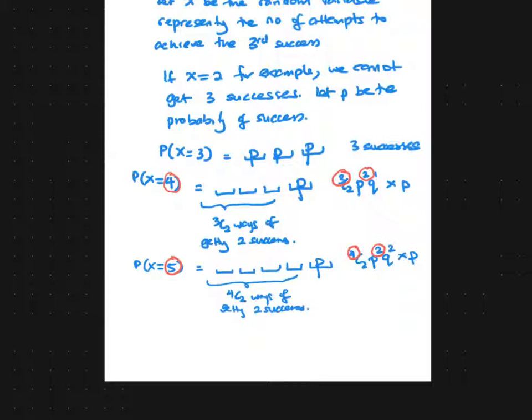And the powers of p and q sum up to n. So for the case of x equals 4, we have 2 plus 1 equals 3, and for x equals 5, 2 plus 2 equals 4. Therefore, if we want P(x = 6), this should be 5C2 p squared q cubed times p.